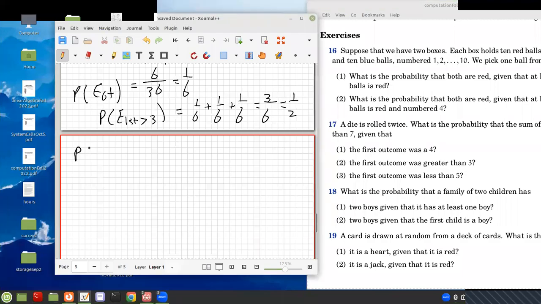Okay, let's now calculate the numerator, the probability that the sum is greater than 7 intersected with the first being greater than 3. Again, we're going to need to give this a name.